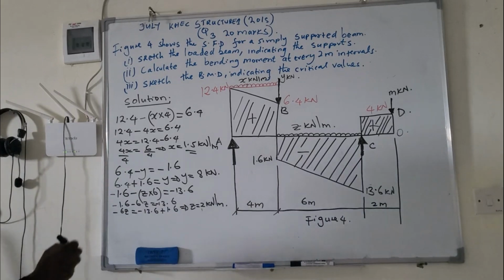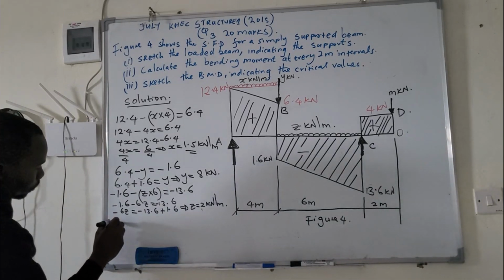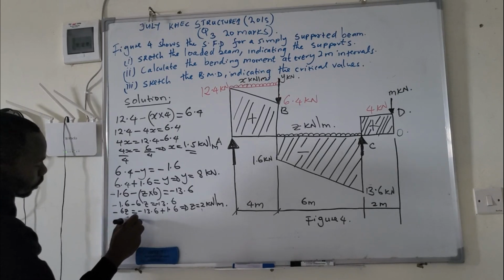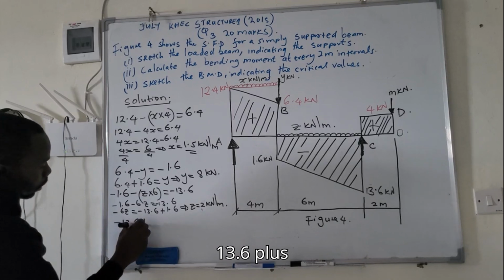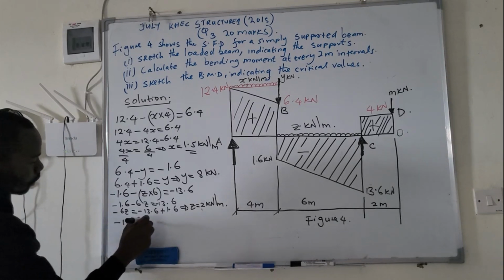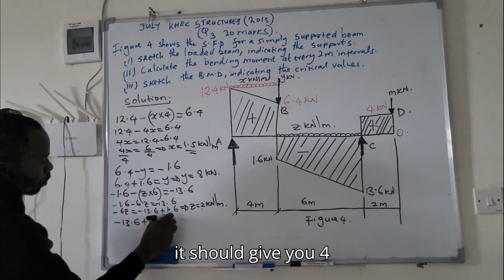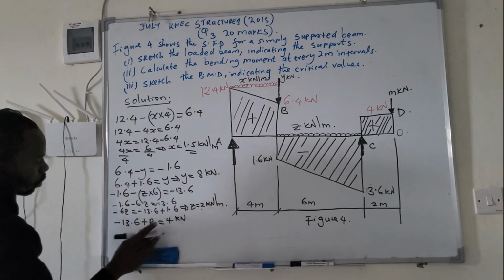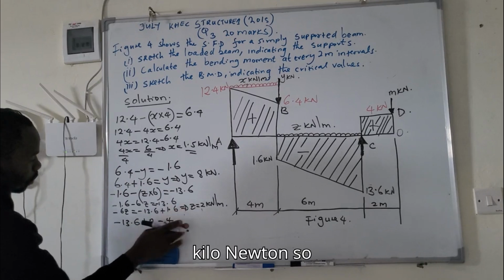So negative 13.6 plus reaction at C should give you 4 kilonewton.